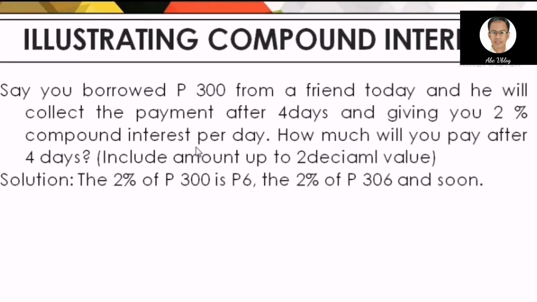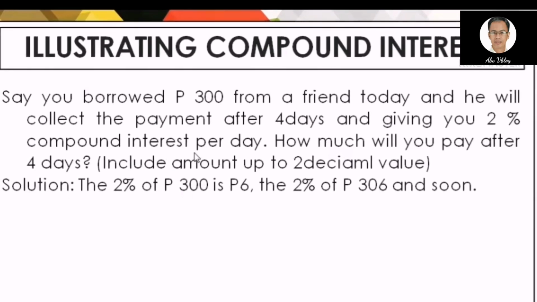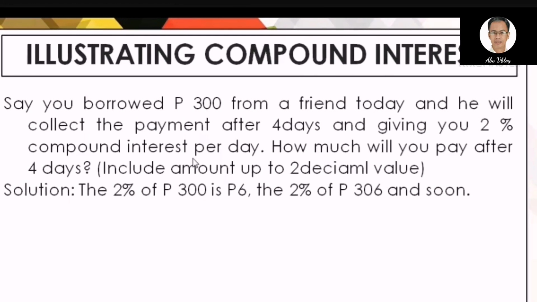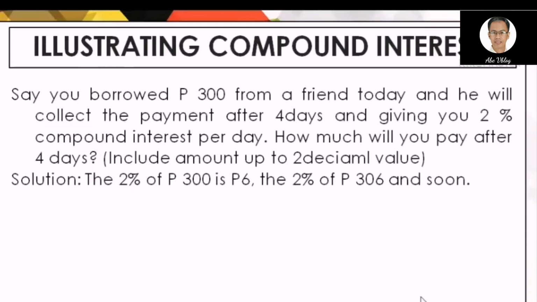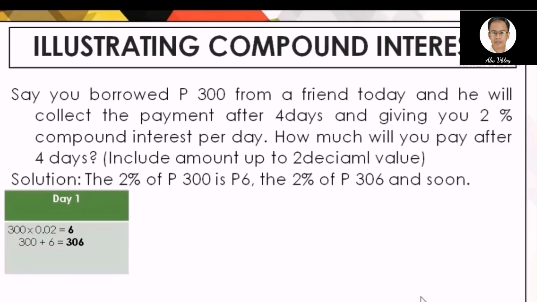Solution. The 2% of 300 is 6. The 2% of 306, and so on and so forth, will be shown later for the computation. Day 1, we have 300 times 0.02. 300 is the borrowed money. Then the 0.02 is the 2% compound interest per day.